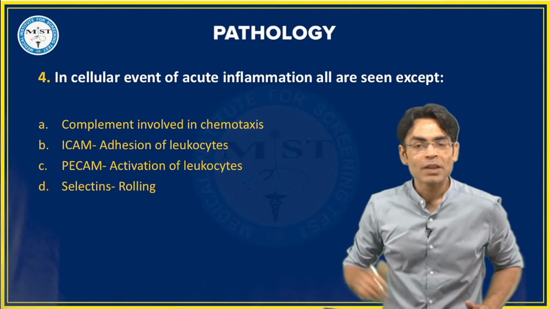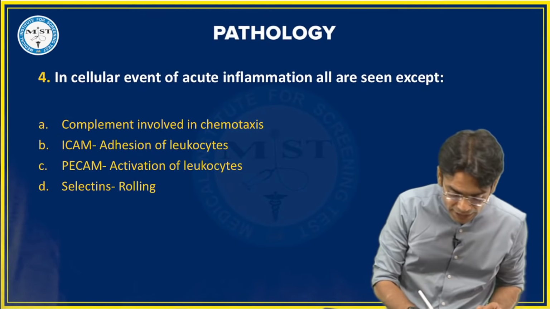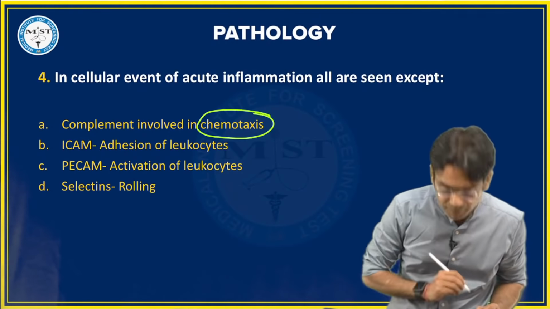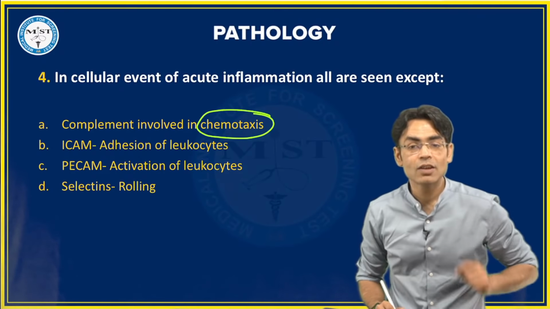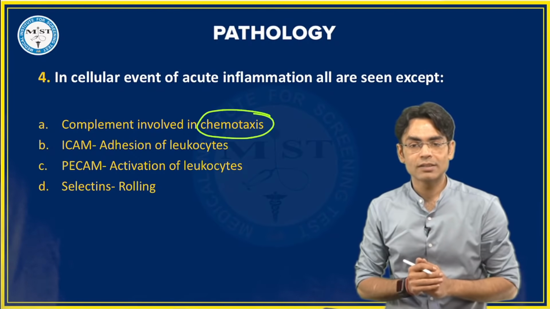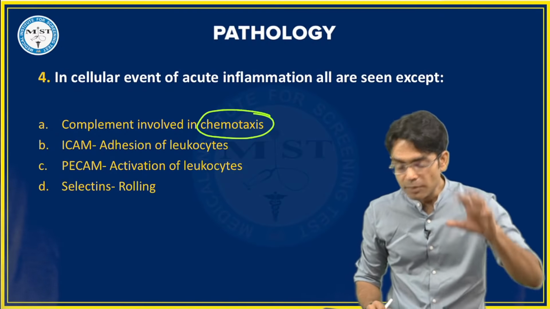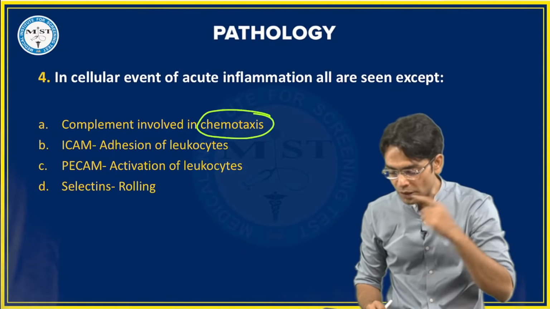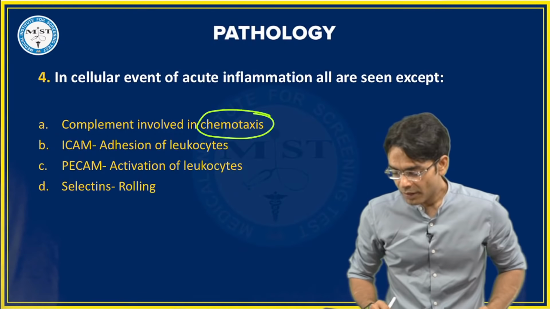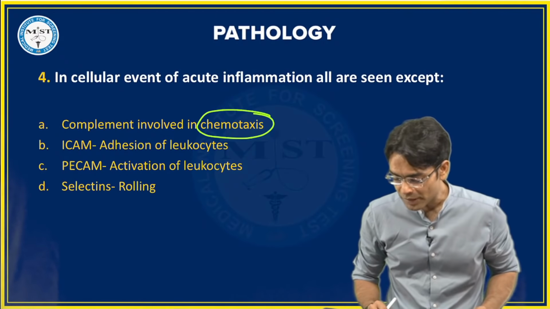Let's see that. But complement is used in chemotaxis. Tell me one thing, for chemotaxis, what is the most important molecule? For attraction, what is the molecule which is most important? What do you call the WBCs with? Tell me quickly.